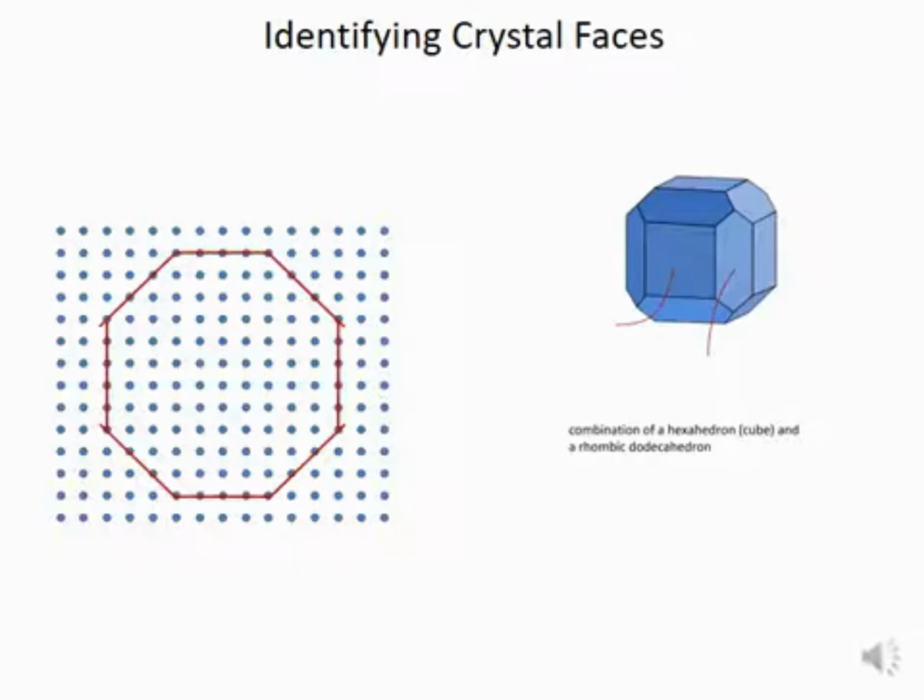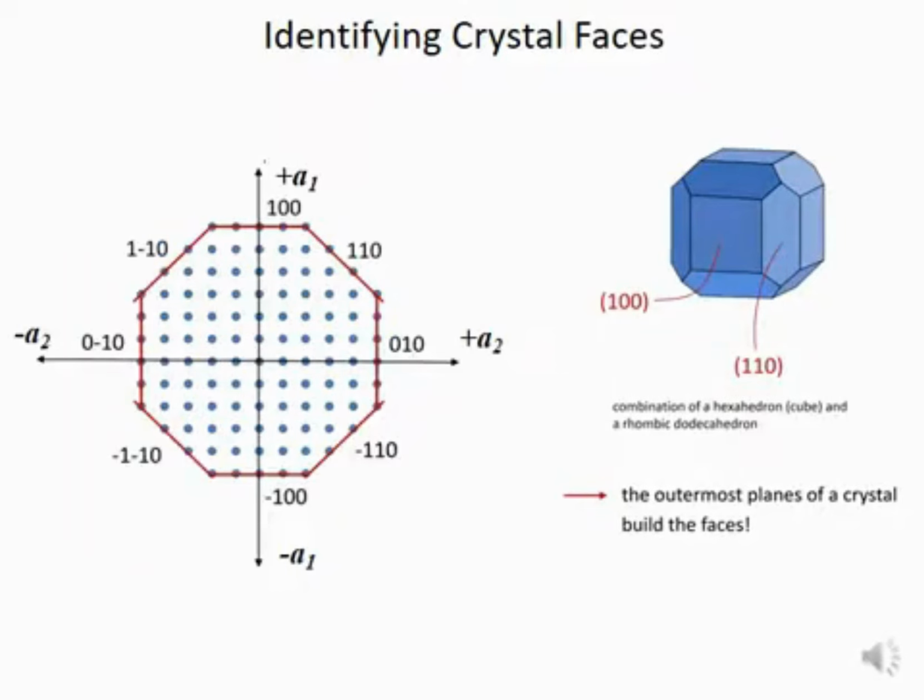So look at this plane which corresponds to where the crystal ends here, and the opposite side. So these two planes form a family of planes with their own Miller indices, and you can basically label these planes by 100 and 110.